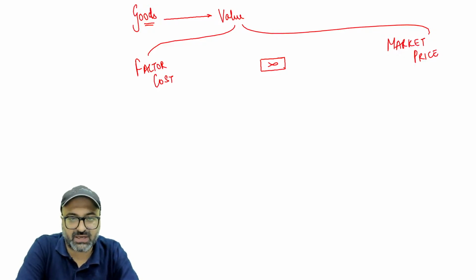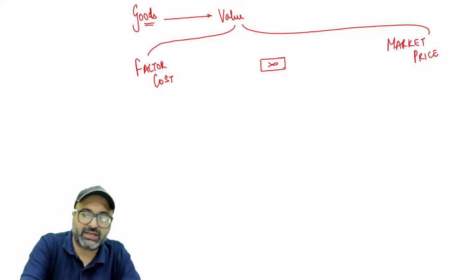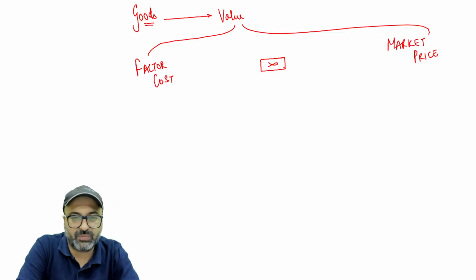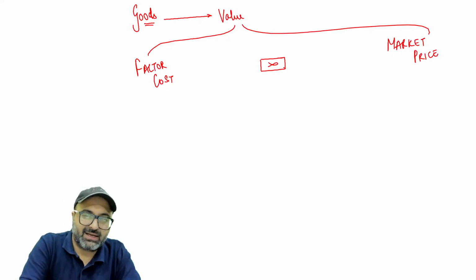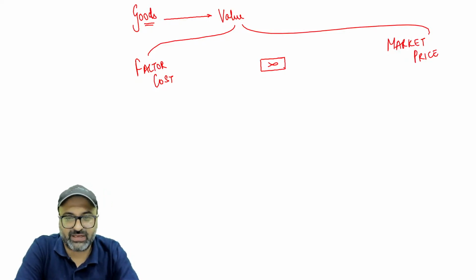But the question is how you are going to define the difference between the two, or how they differ from each other. What will be your answer? See, in very simple terms, as I said that I have ignored one more price which is in between, that is not required. But if we directly jump on these two terms, that is factor cost, and the next term we have is basically what?